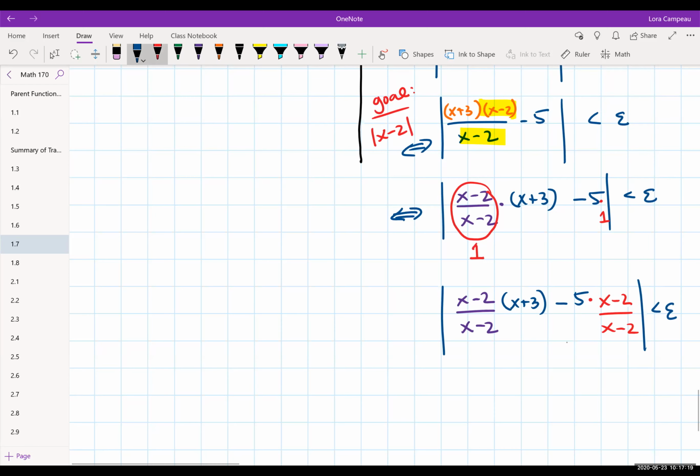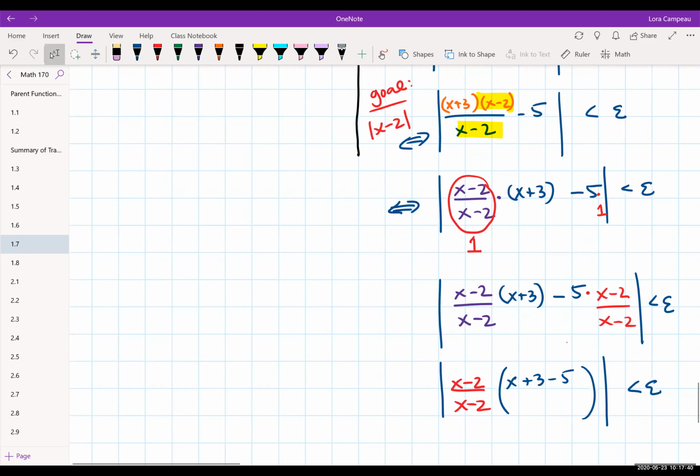I'll keep it in red. So this x minus 2 over x minus 2, technically, if I factor that out of the 2 pieces, I should get an x plus 3 minus 5. And you might think I'm making things more difficult than they have to be, but I'm really wanting to show this later as to why I'm able to work backwards. It does make a difference.